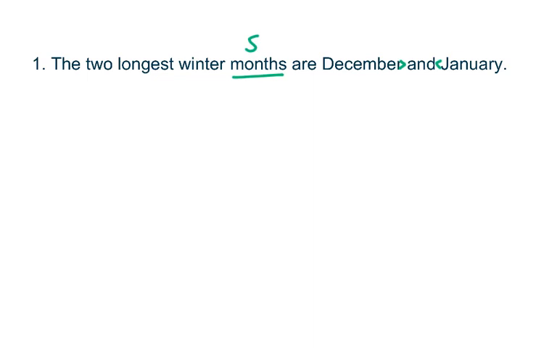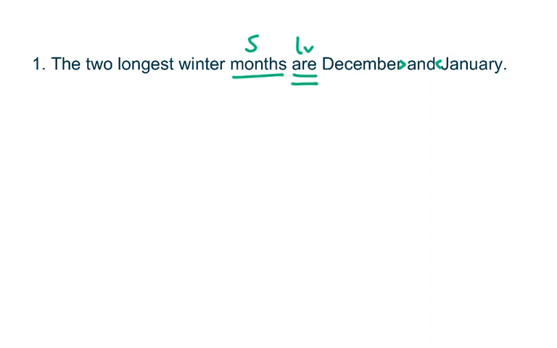What is the sentence saying about months? Months are. Okay, so here we have our predicate, right? Oh, are is a linking verb. Okay, that means that are acts like an equal sign.